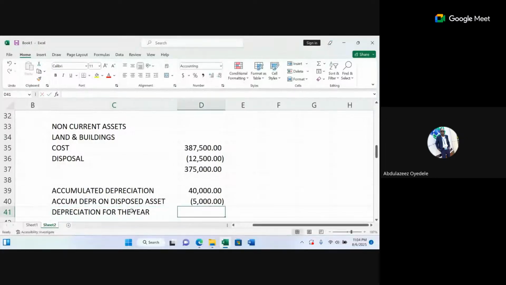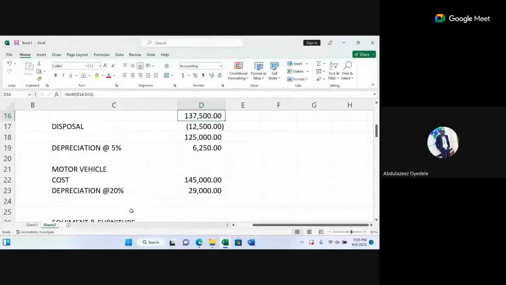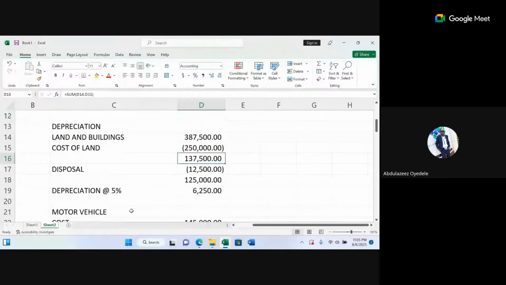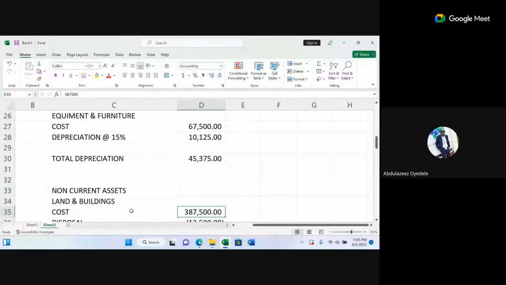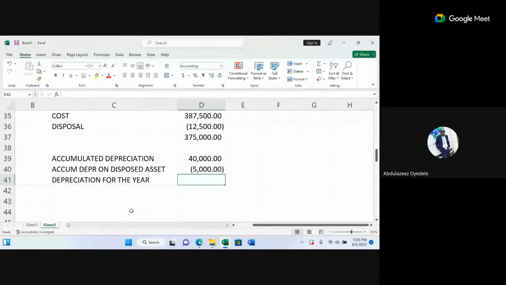The depreciation for the year that we charged on land and building was how much? We go up, we can see our workings, depreciation at 5%, 6,250. So we can bring that down there, 6,250.